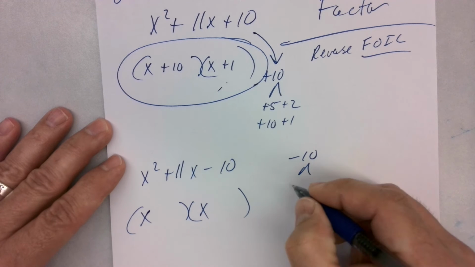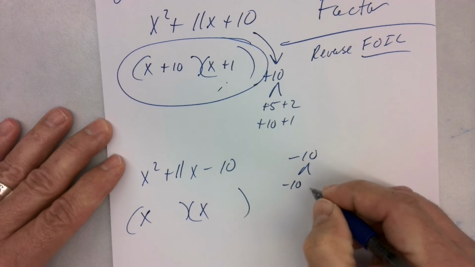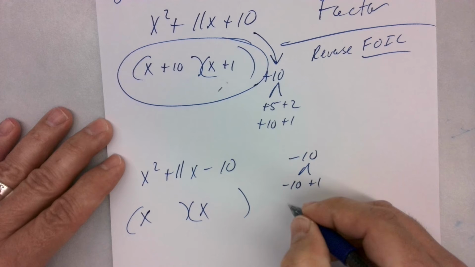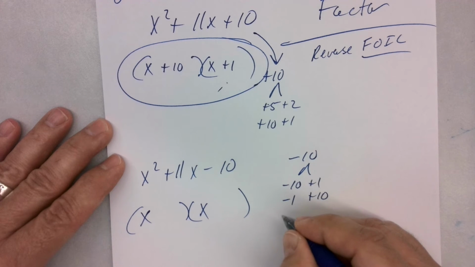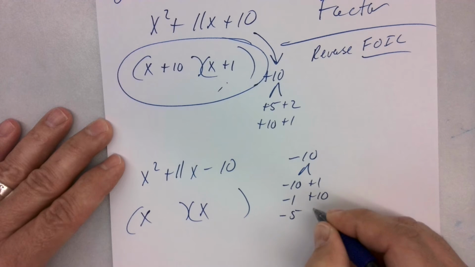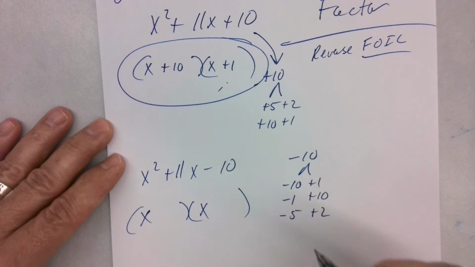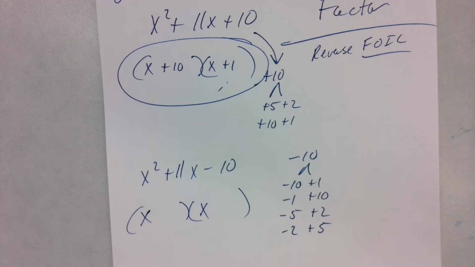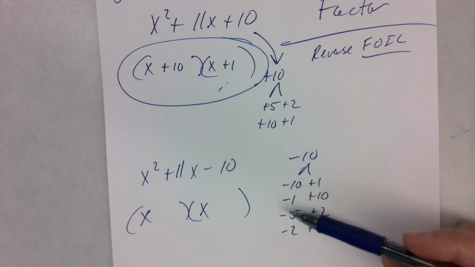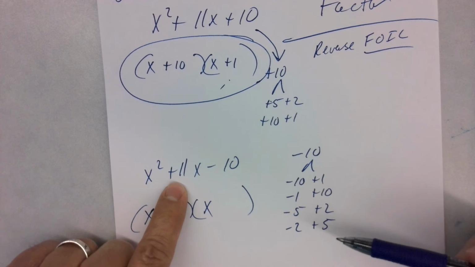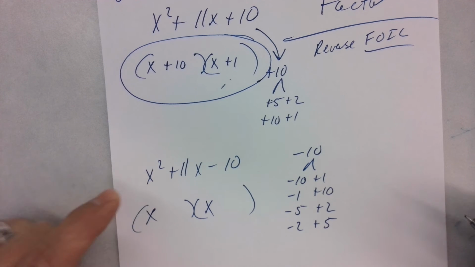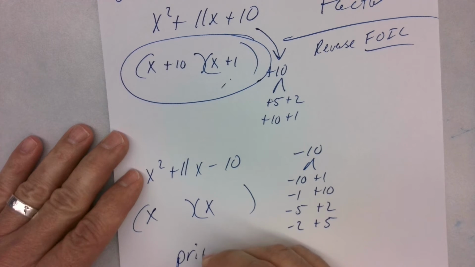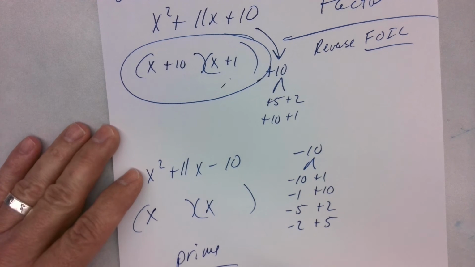Negative 10 and a positive 1, or a negative 1 and a positive 10. That's it, right? Negative 5, positive 2. Negative 2, positive 5, right? Now, can I combine these using these signs I have here and get a positive 11? I can't. So in this situation, it'd be prime. I can't factor that sucker.